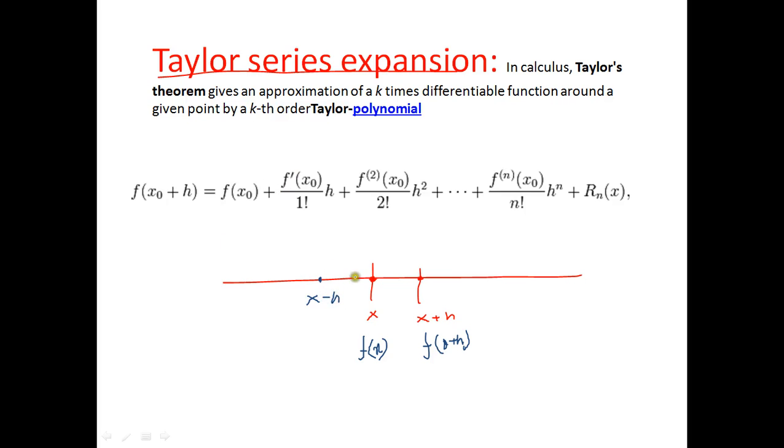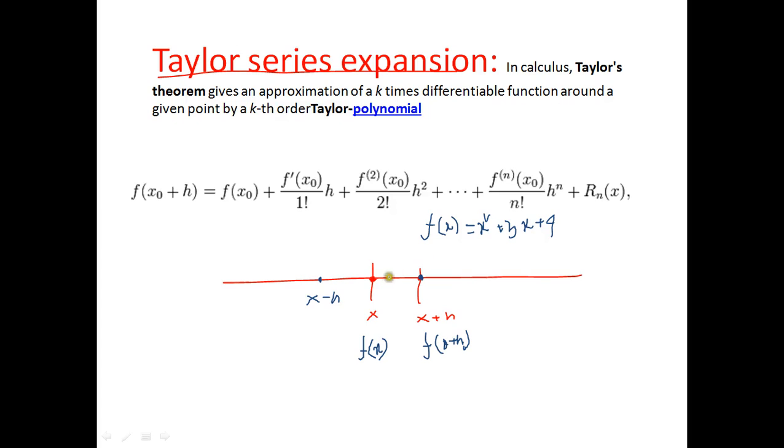If we have a function, for example, f(x) equals x square plus 3x plus 4, something like that, then we will get a value of f(x) at this point, and at x plus h, the same function.